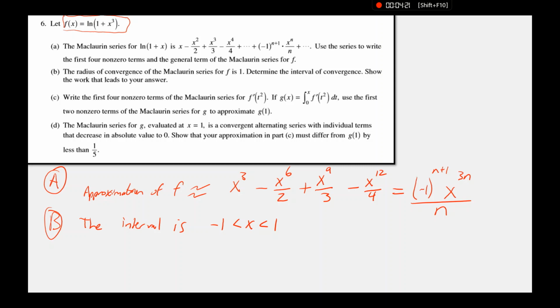Okay. So if we plug in x equals negative 1, what's going to happen? So that's going to be negative 1 minus 1 over 2.